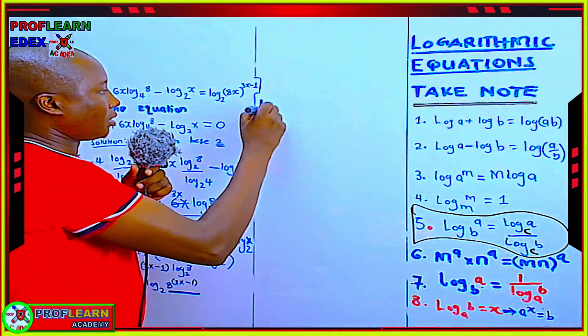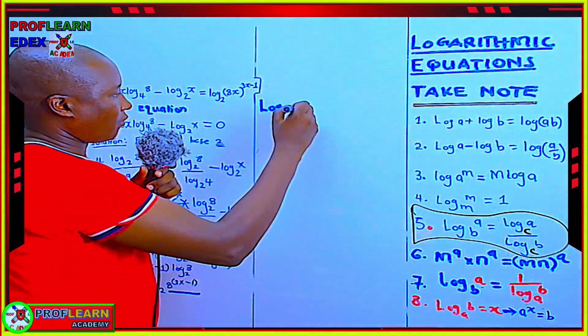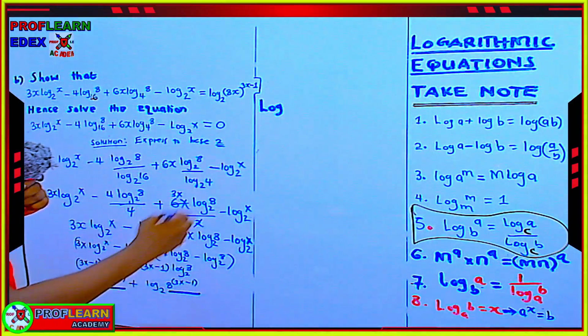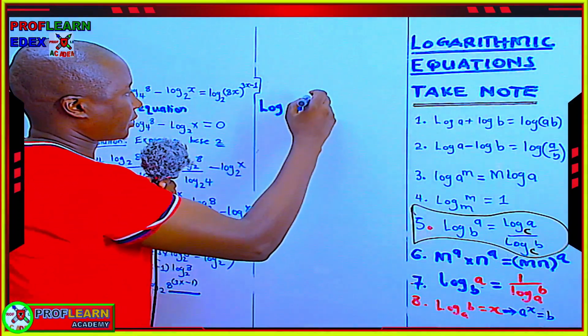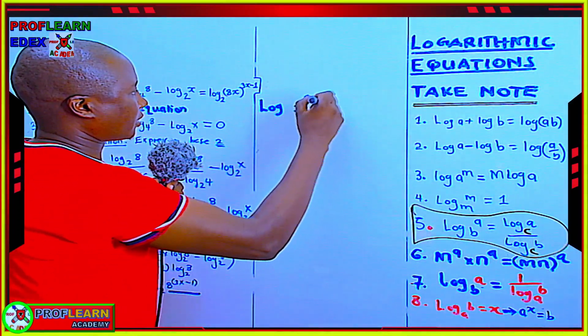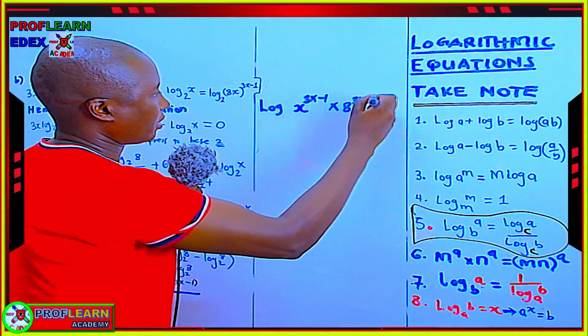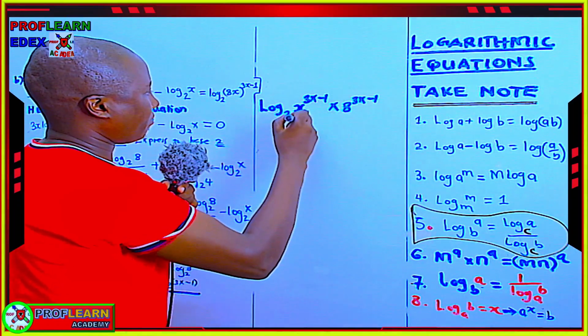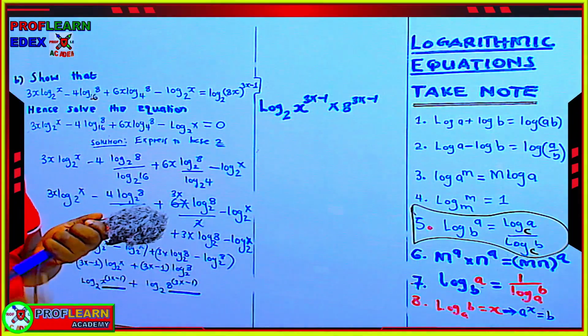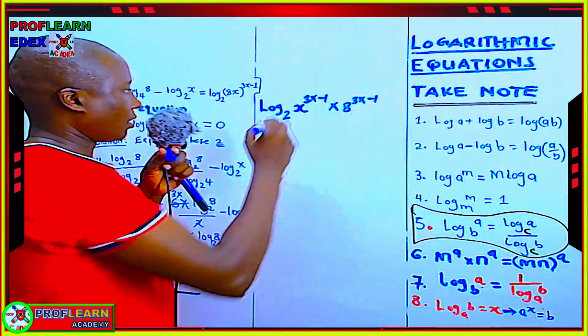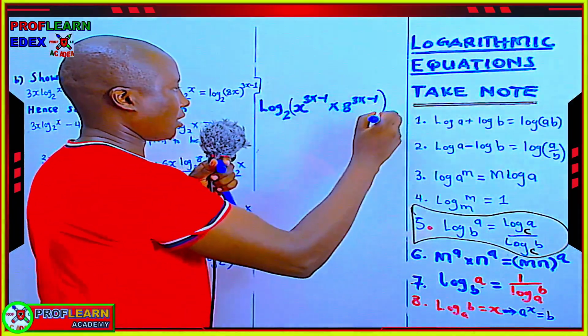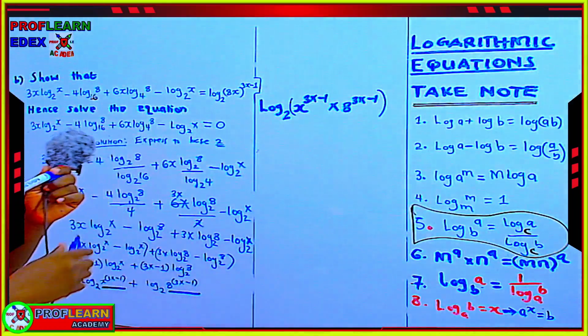So this is going to be log of x raised to power 3x minus 1 multiplied to 8 raised to power 3x minus 1 to the base of 2.